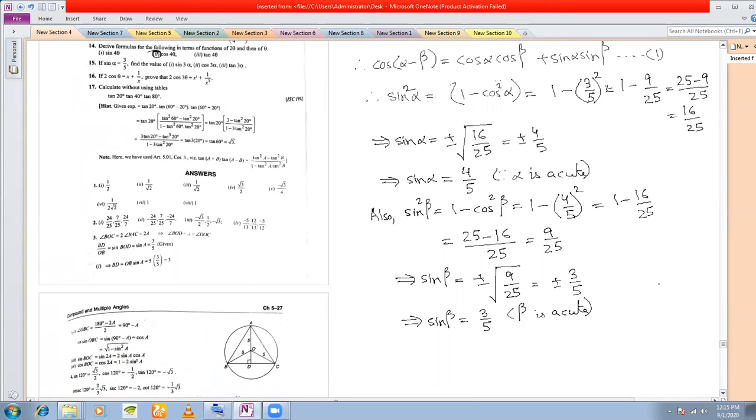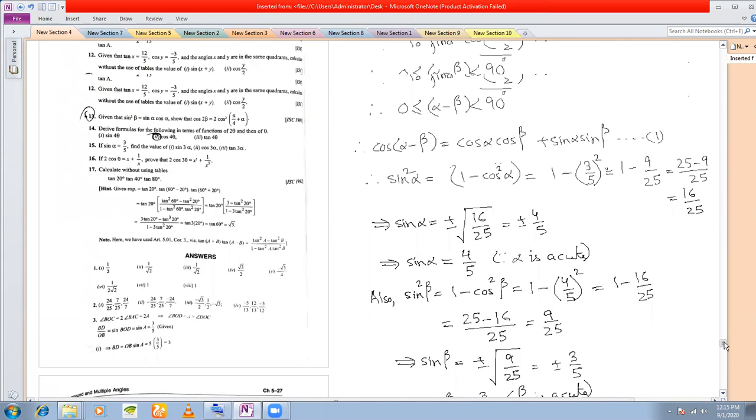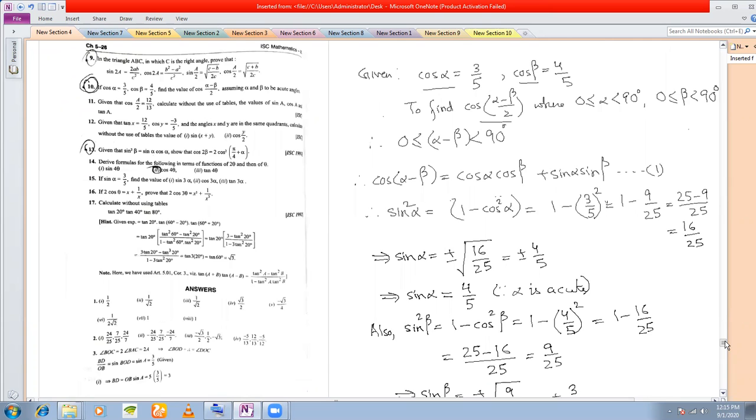So now we know the value of cos alpha, cos beta, sin alpha, sin beta. Therefore, from 1, cos(alpha minus beta) is equal to cos alpha cos beta plus sin alpha sin beta. Put the values. Cos alpha, cos beta, what is given here? 3 by 5, 4 by 5.